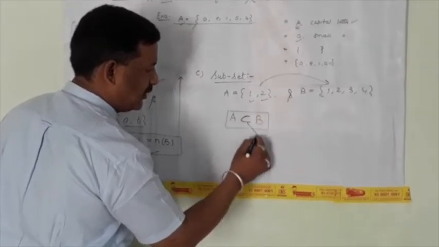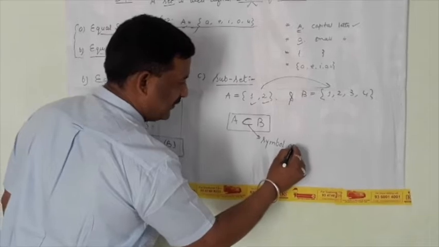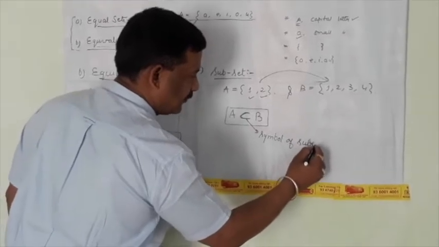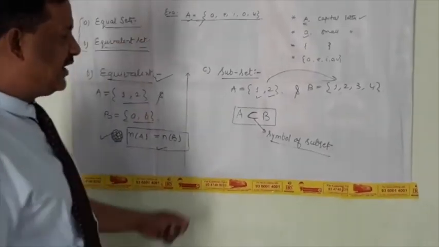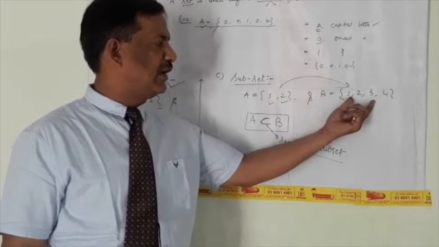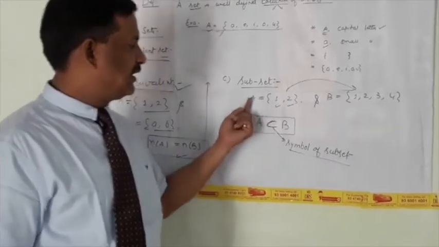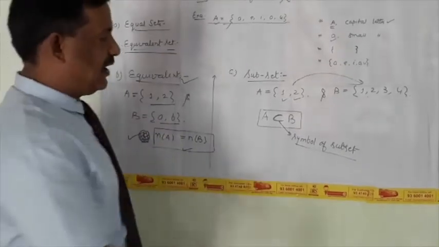This is the symbol of subset. By the definition, if every element of one set is an element of another set, then the first set is called a subset of the other set.